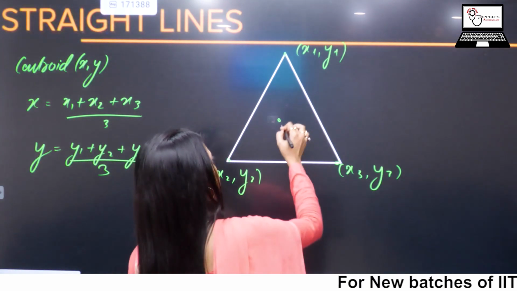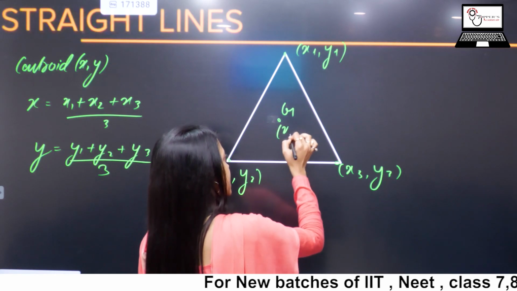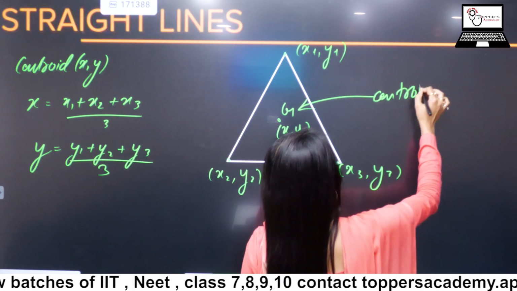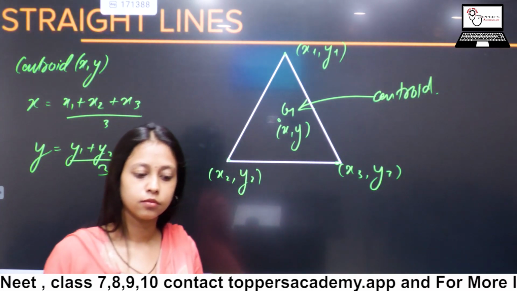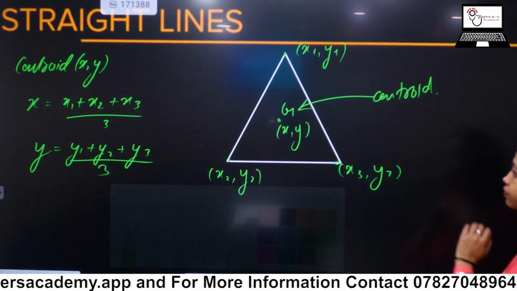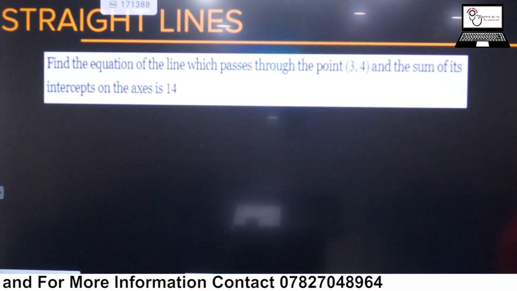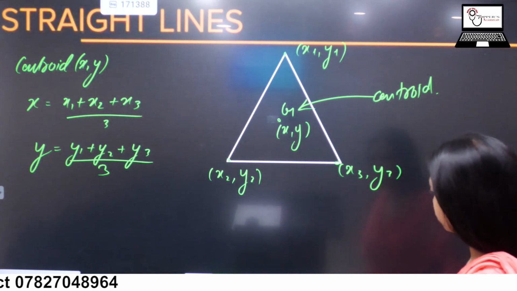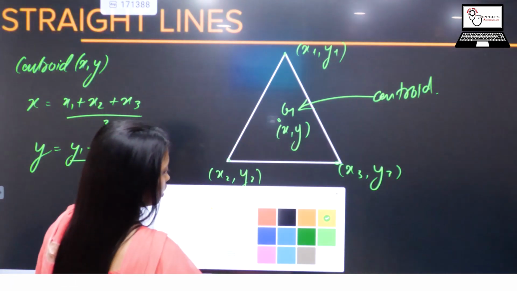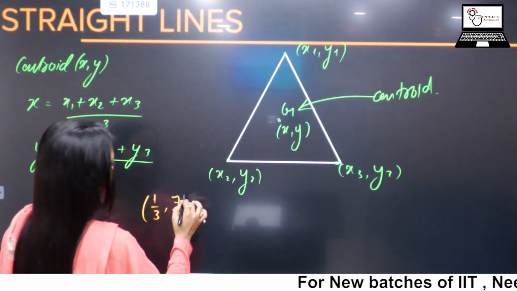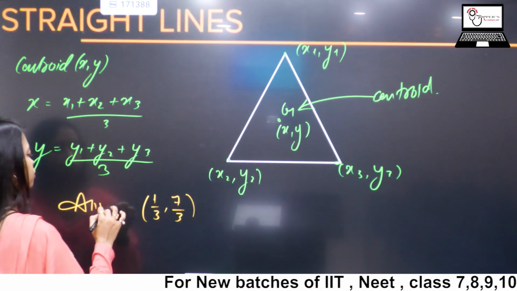It is usually denoted by G(x, y), which is nothing but the center. Okay. Now, I'll tell you the centroid also for this particular question. It is 1 by 3 comma 7 by 3. Okay, you can try.